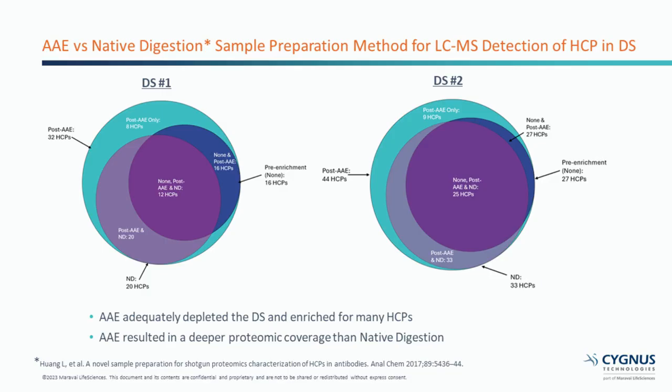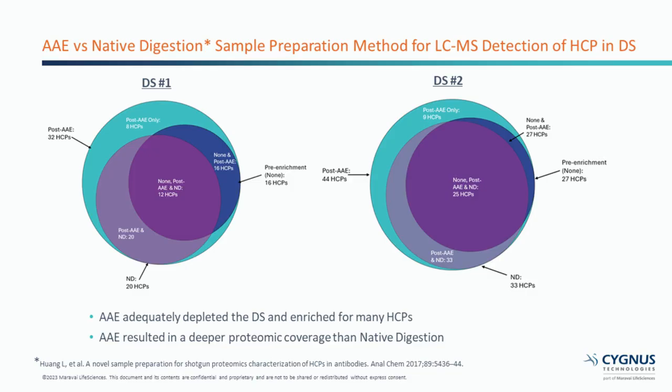You can see the reference at the bottom of the slide. To benchmark the performance of AAE and native digestion, both methods were compared and were performed on 2 drug substances, drug substance 1 and drug substance 2.